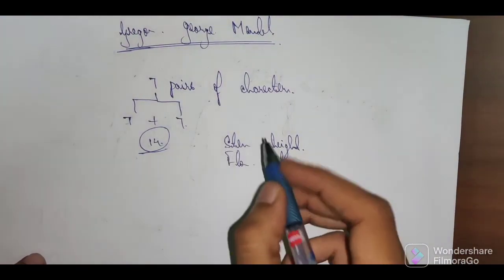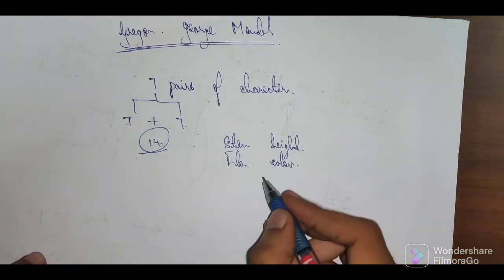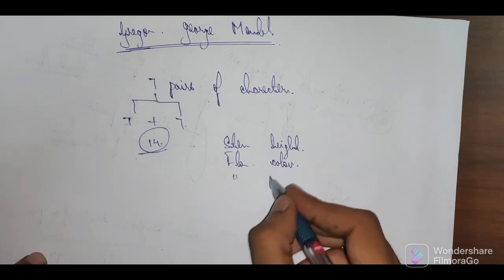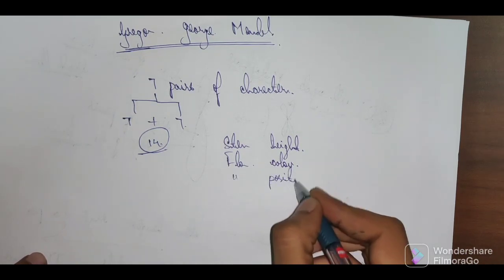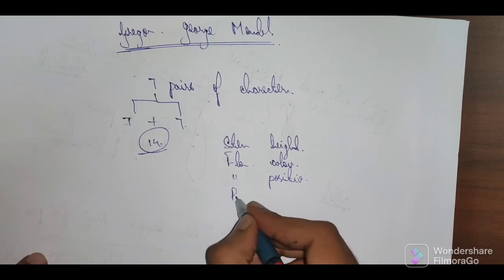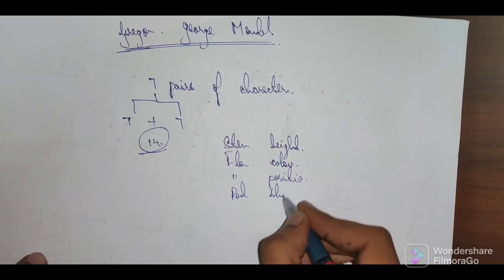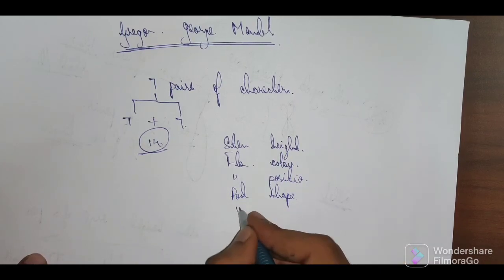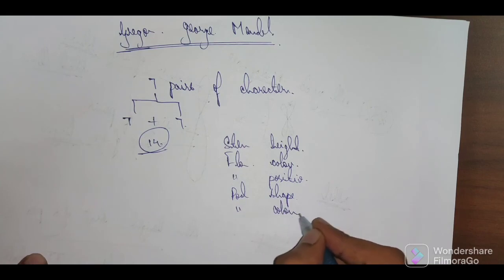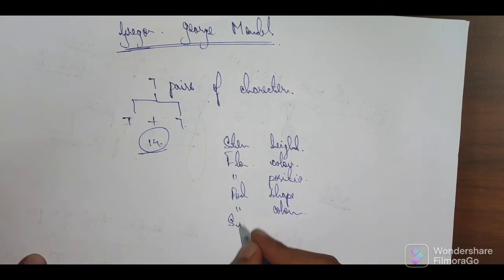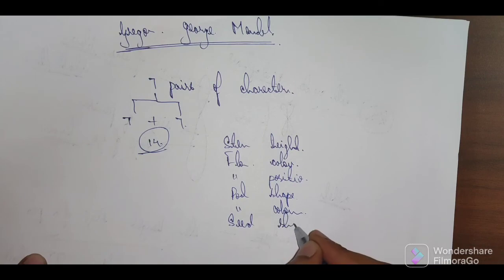These were related to the stem, so this may be stem height, flower color, flower position, pod shape, pod color, seed shape, and seed color.